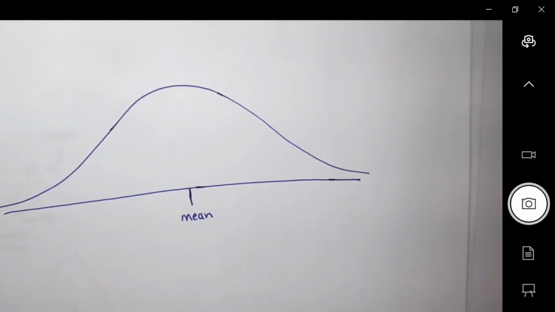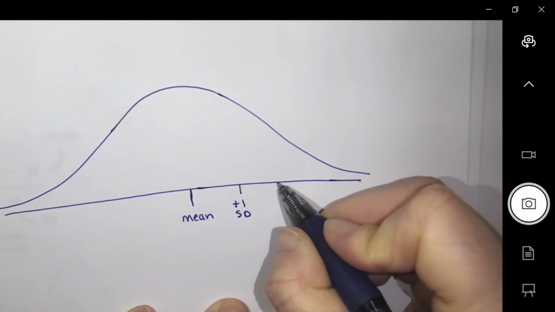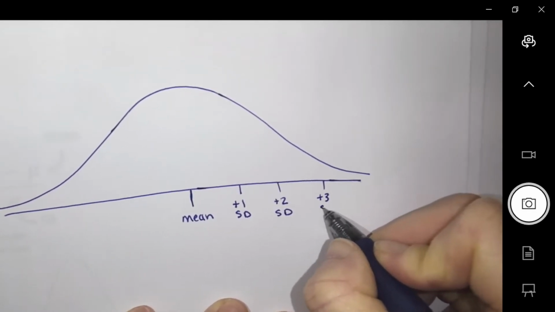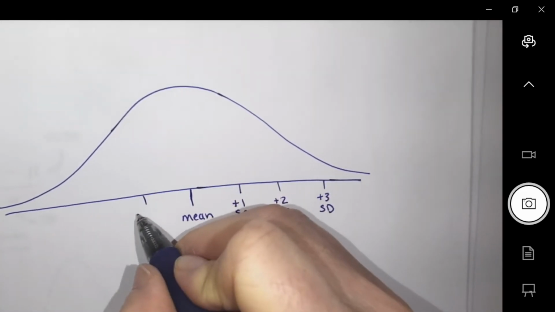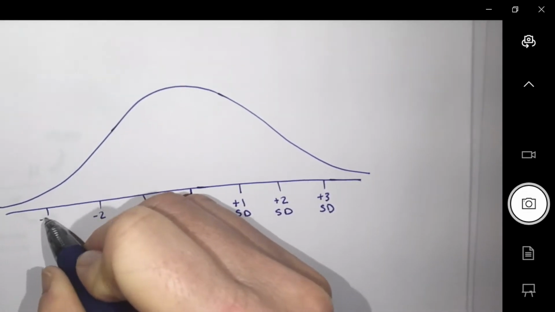Give me a mean, a +1 standard deviation, a +2 standard deviation, and a +3 standard deviation. A -1 standard, a -2, and a -3.